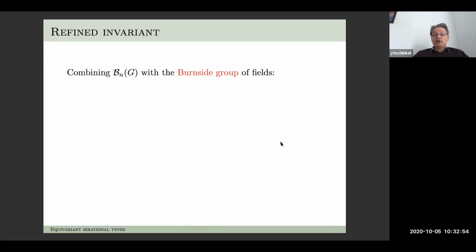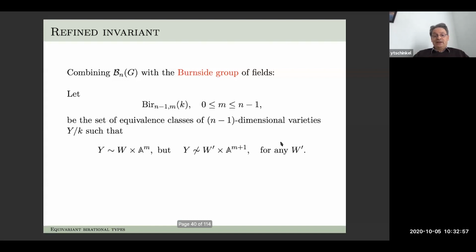Okay, so that was the first step, but then we can introduce a little bit more refined invariants, taking into consideration the birational type of the locus fixed by G. So we could have strata of dimension bigger than 0, and then we could record their birational type and add this information to the invariant.